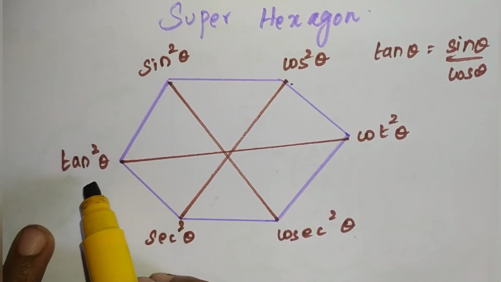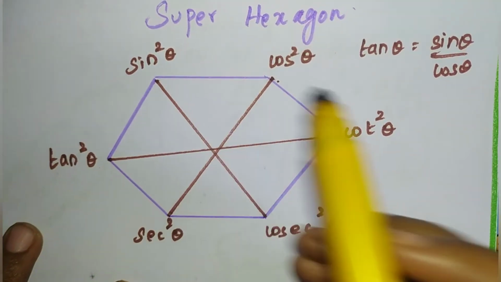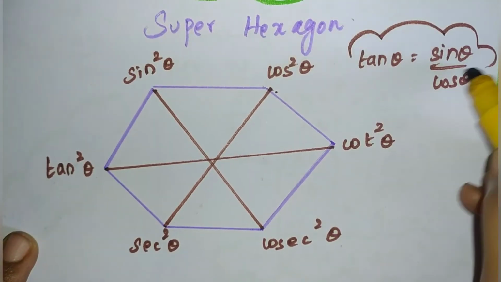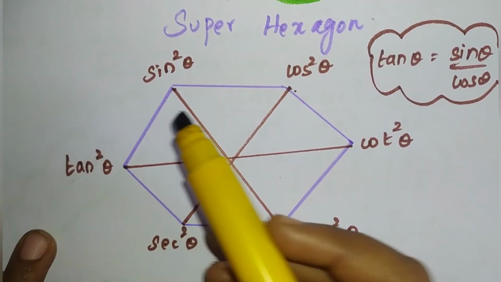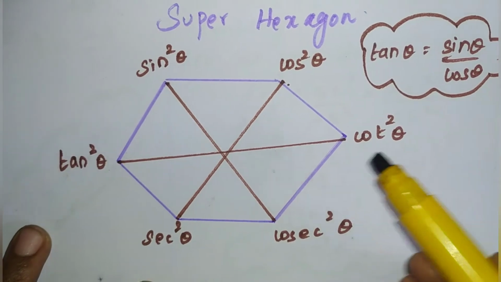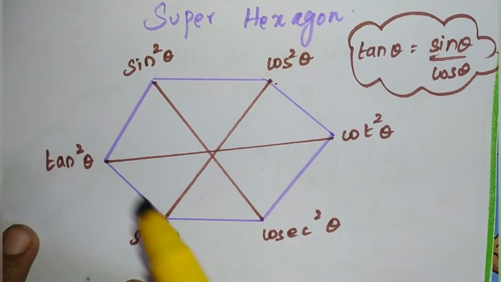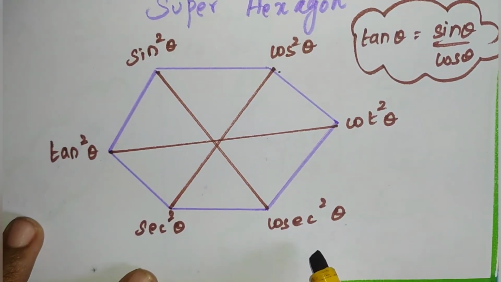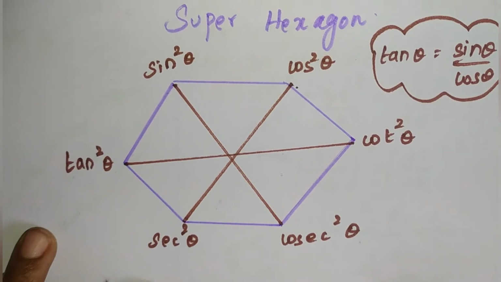First I am going to start with tan square theta. Tan is nothing but sin by cos. So next is sin theta and then cos theta, and then tan reciprocal is cot square theta. Sin reciprocal is cosecant square theta, and cos reciprocal is secant square theta.